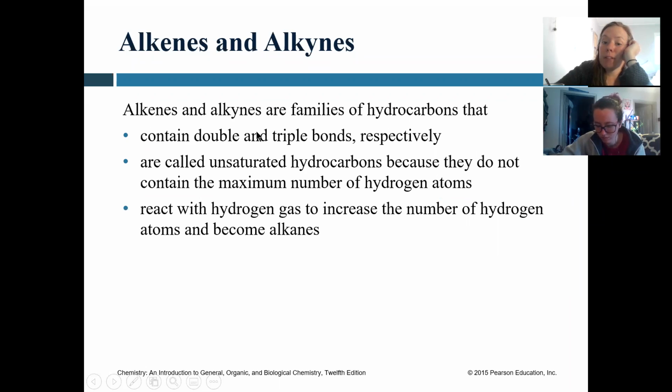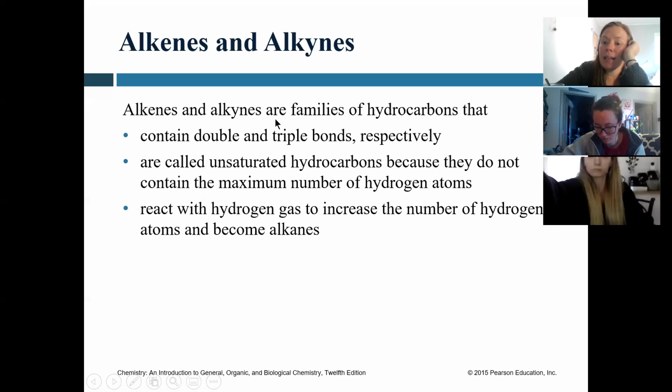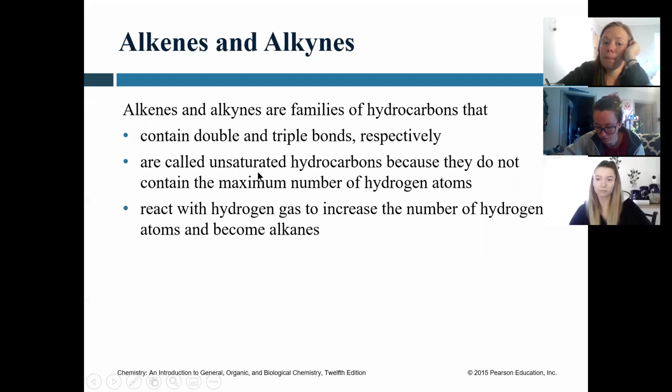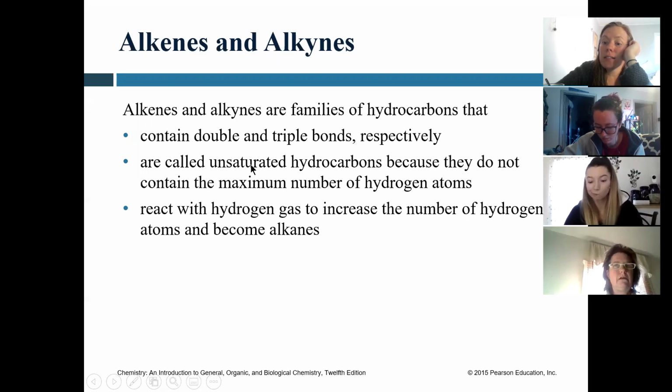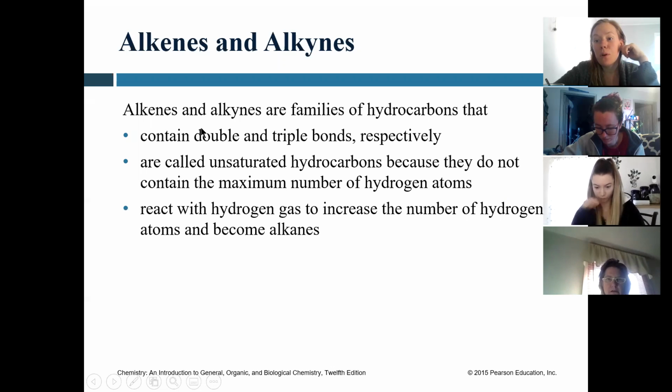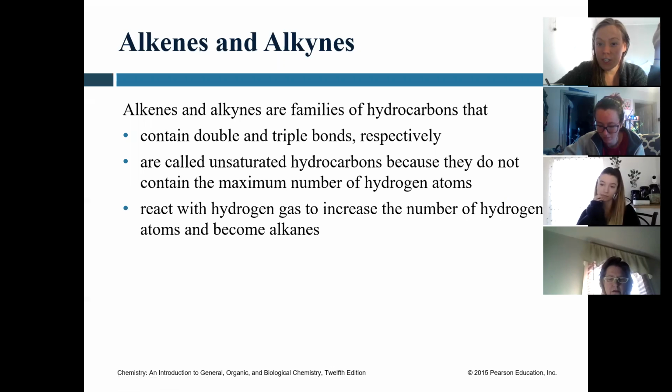If there happens to be a triple bond, we'll call it an alkyne with a YNE to the end of it. And again, these are called unsaturated hydrocarbons. They're unsaturated because one of the spots that could have been filled with one of those hydrogens has now bonded with the carbon, right? So we've kind of stolen one of the hydrogen slots and made it a double bond.